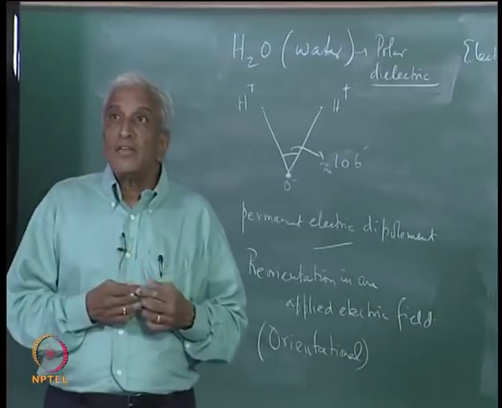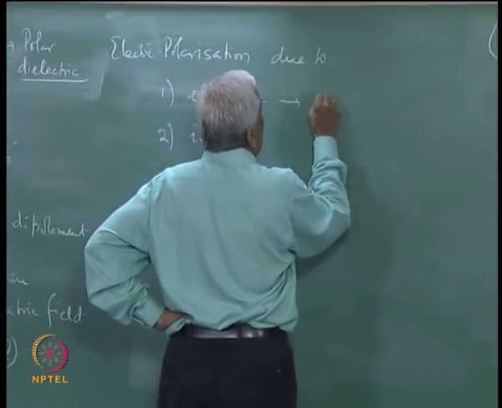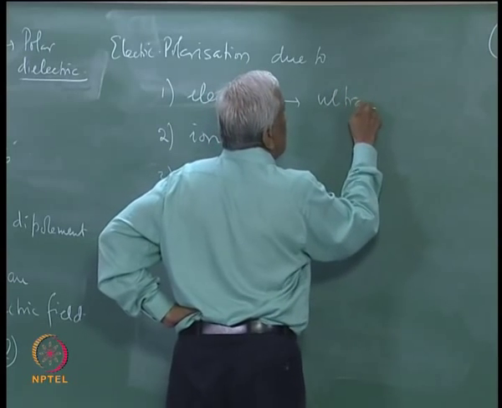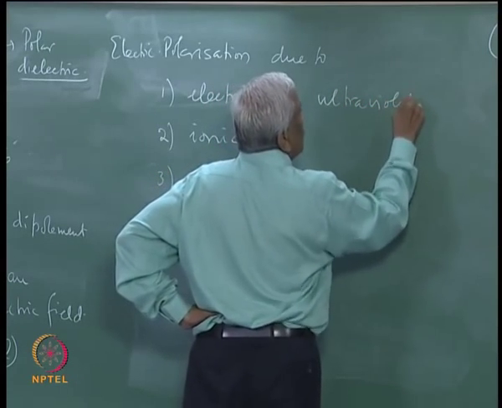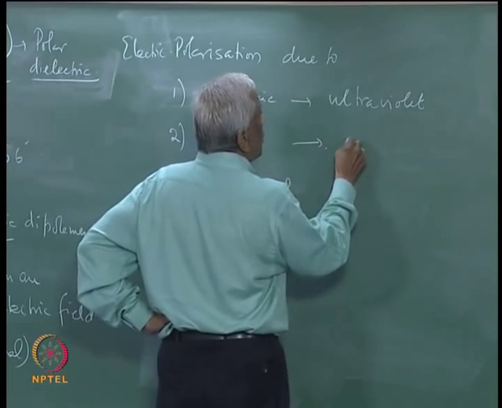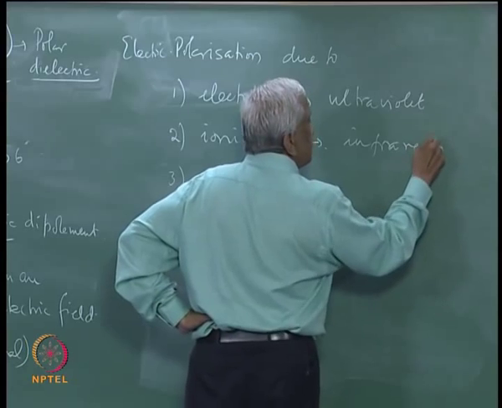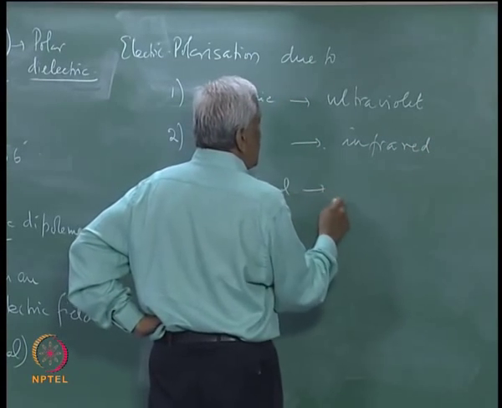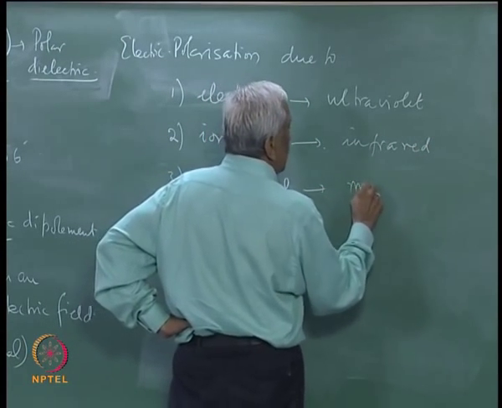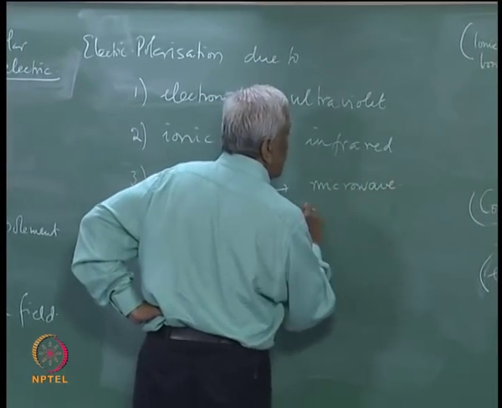So, the electronic contribution is usually in the ultraviolet range, ultraviolet frequencies. The ionic contributions are in the infrared range, and the orientational contribution occurs in the microwave frequencies.